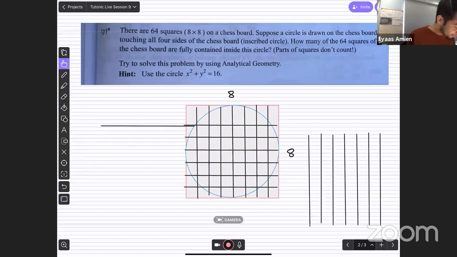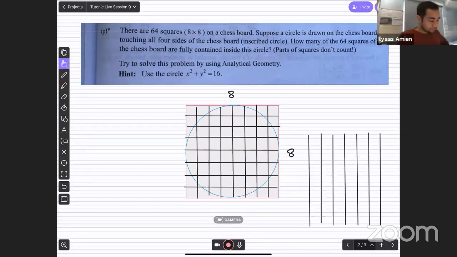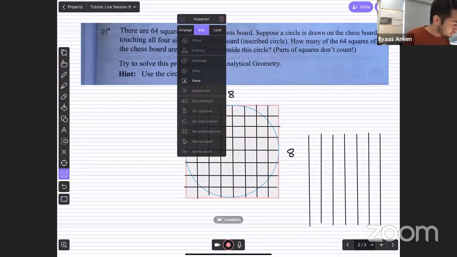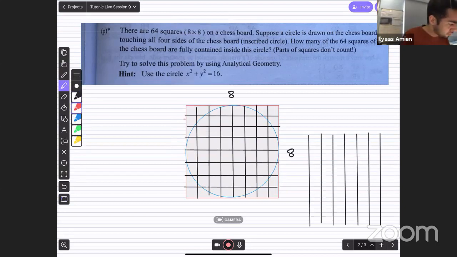So this is like a chessboard here, and you've got the equation of the circle. They want to know how many full blocks are fully contained inside the circle.